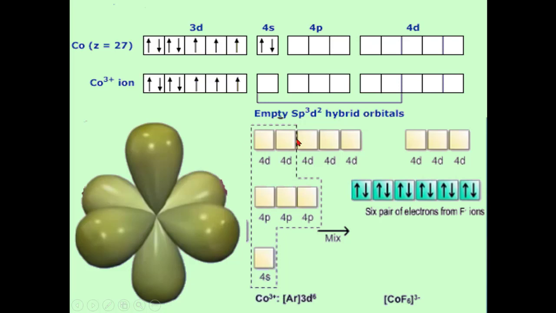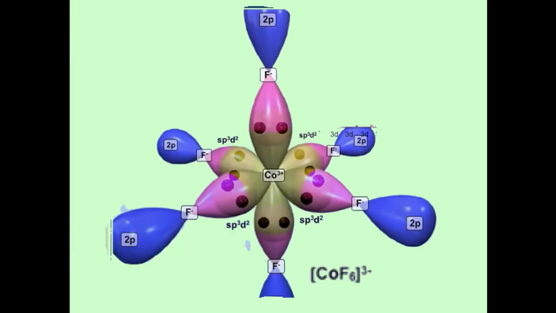You have to reconsider yourself again. If you count all the orbitals, there are 6 orbitals. Similarly, fluoride ions also take part in bond formation.